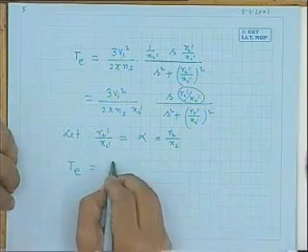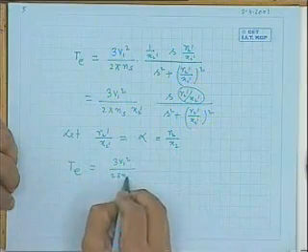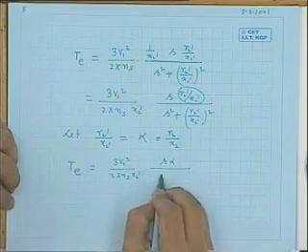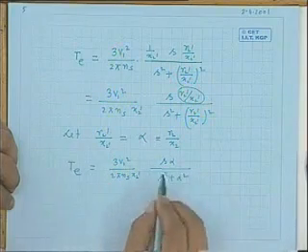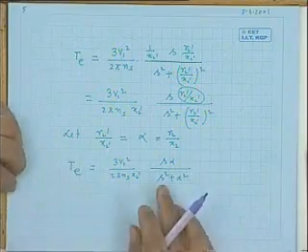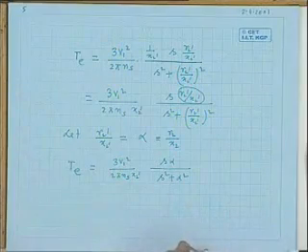Then your expression for the torque will be simply 3V1 squared by 2 pi ns X2 dashed, into S alpha by S squared plus alpha squared. Now this equation is very easy to remember: S alpha by S squared plus alpha squared. What is alpha? Alpha is R2 dashed by X2 dashed.